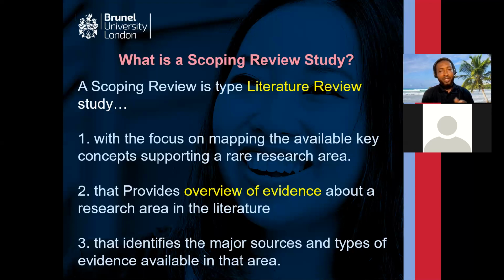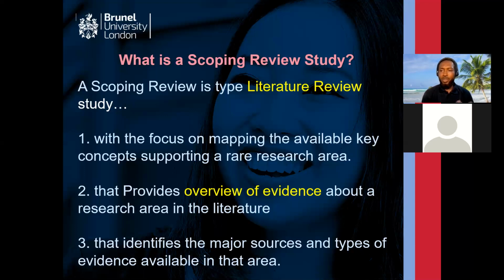So rather than diving deep into such an area with more in-depth, robust research, and at some point discovering I don't have a lot of information to work with, scoping review just tries to give you an overview of what's going on there, what kind of evidence we have, what types of resources we have, what types of research have been conducted in that area.